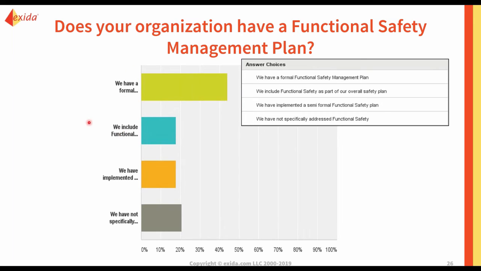So about 60% of those polled are implementing functional safety management, but a little less than 20% have maybe a semi-formal functional safety plan, and 20% have not specifically addressed functional safety. So still about 40% of the organizations don't have that formal functional safety management plan, and that makes it very difficult to successfully implement the IEC 61511 lifecycle.